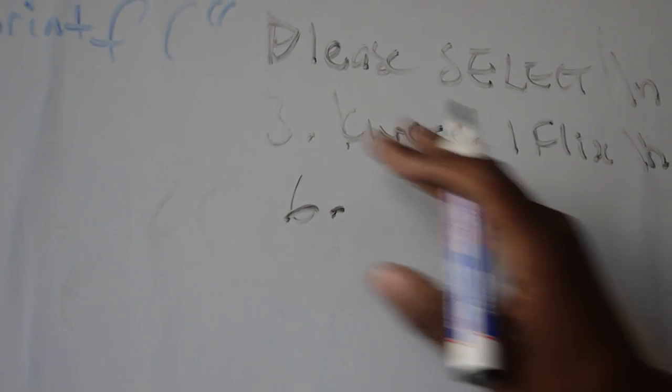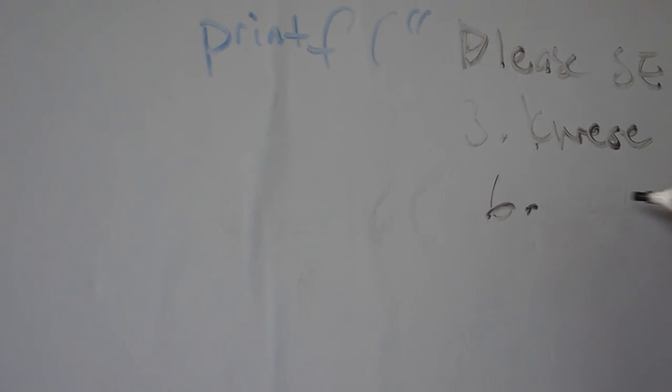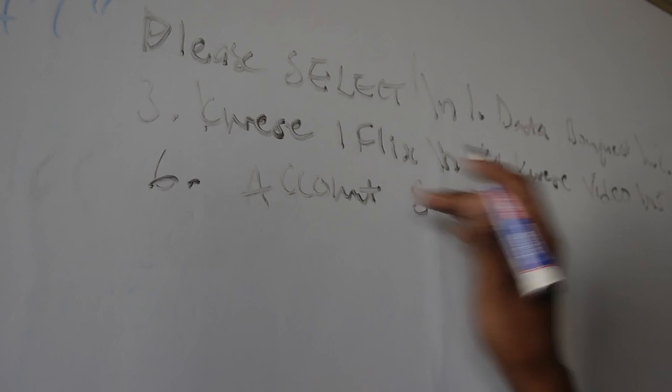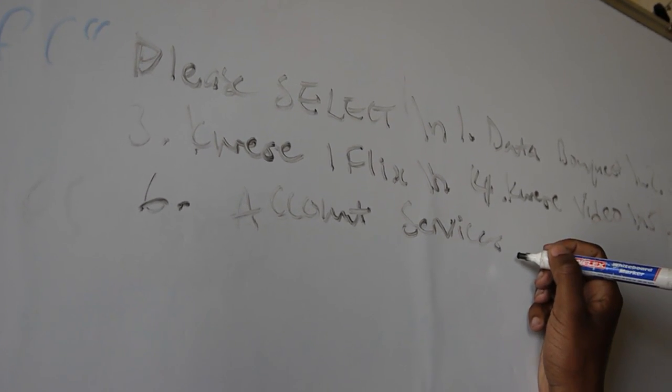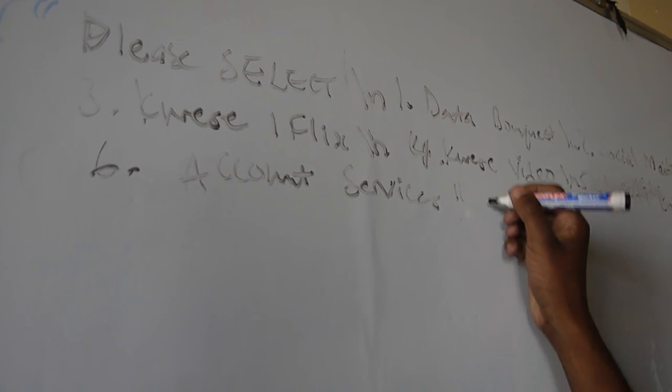So this line is on one line. Don't put it on different lines, to avoid errors. Account services. So it's one line, because of my space here. Okay.